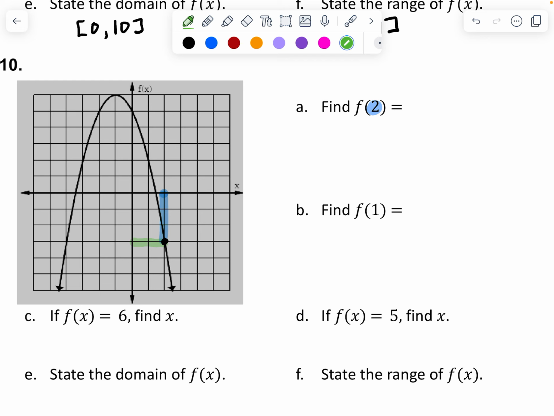I'm sorry, the y value here is negative 3 on the y-axis. So we're looking at this point, the coordinates of that point, 2, negative 3.